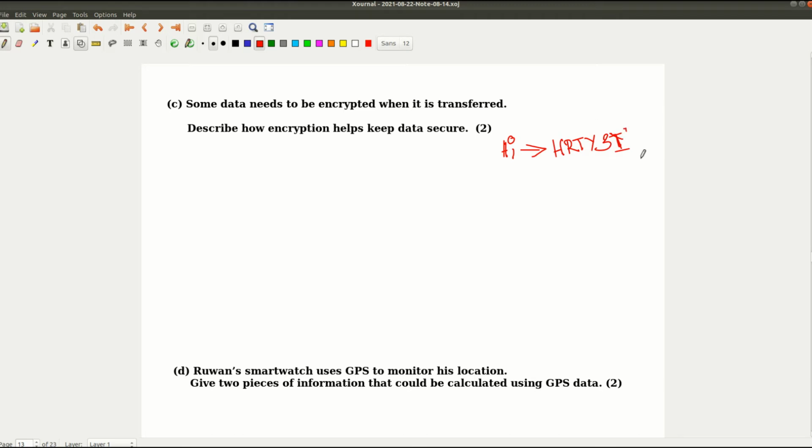So no one can actually read what it's saying. So it randomizes the data so that it cannot be read.